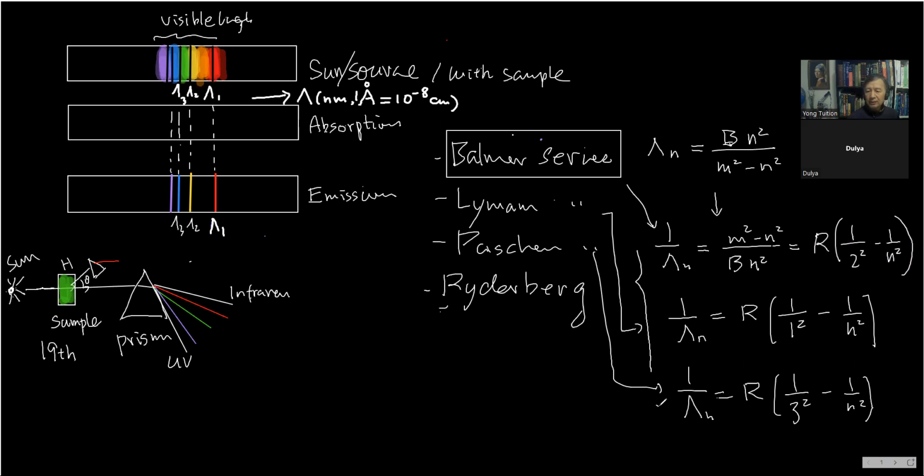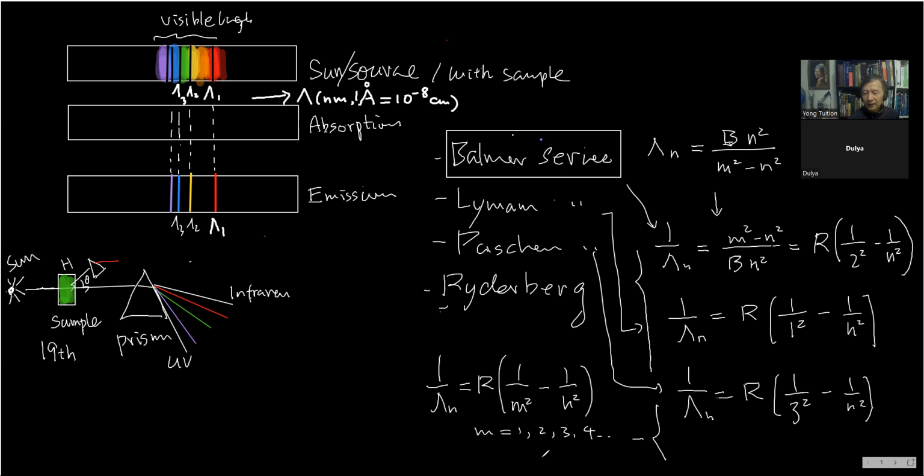Based on these ideas, Rydberg's formula can be written as this: 1 over lambda n can be written as the constant multiplied by this factor. One is m squared, another is n squared. And m equals 1, 2, 3, and even 4.